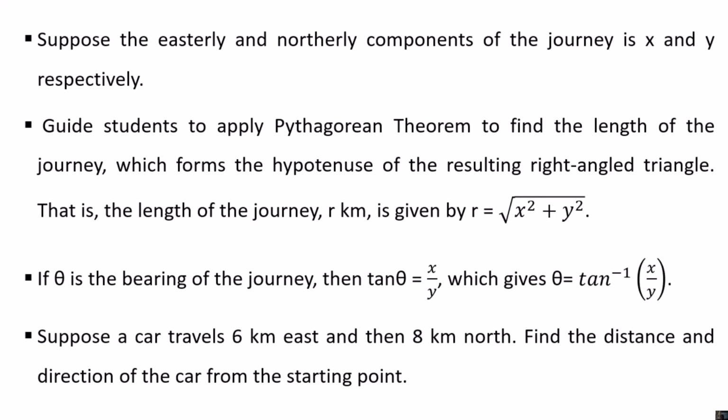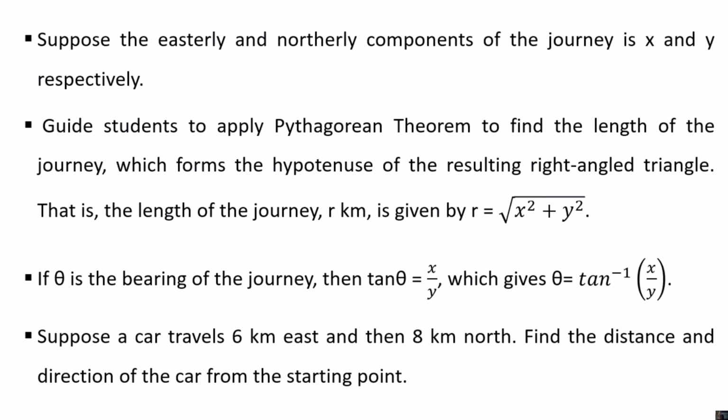If theta is the bearing of the journey, then tan theta is equal to s over y, that's opposite over adjacent, which gives theta to be tan inverse of s over y. That will give us our direction. So if we want that direction, we are going to use theta equal to tan inverse of s over y.